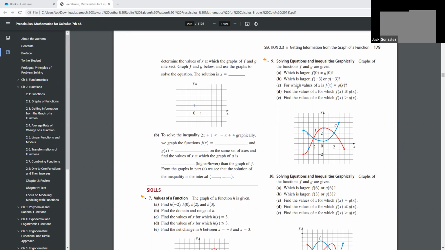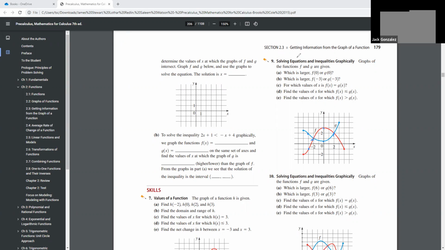Then it asks you, at which values are they equal? Which ones are equal? So when they are intersecting, they are equal. So whenever they intersect, equal.